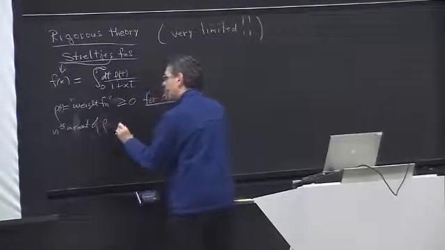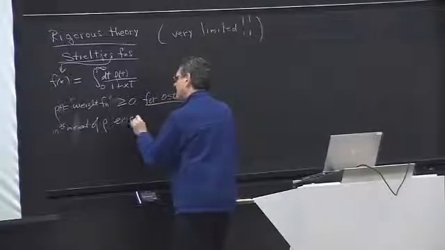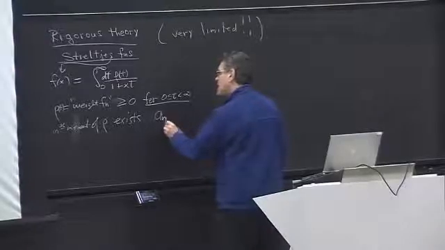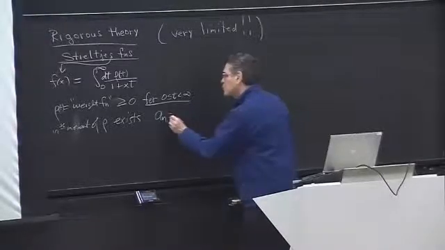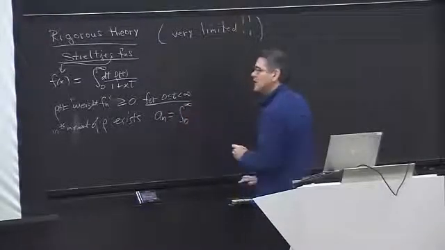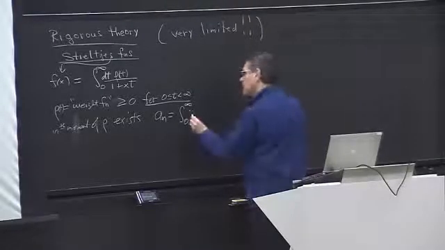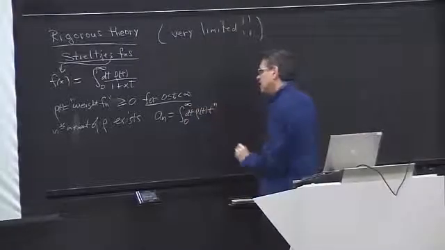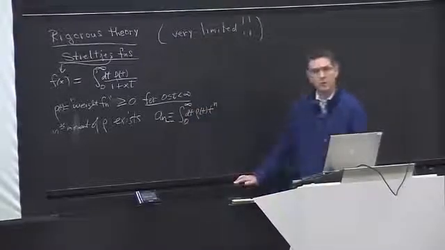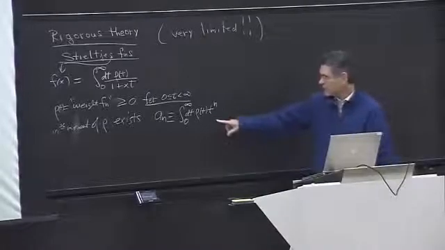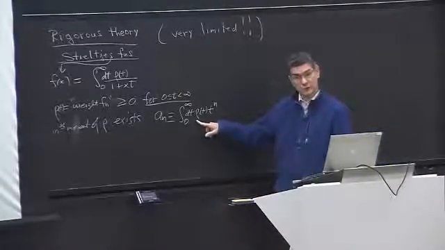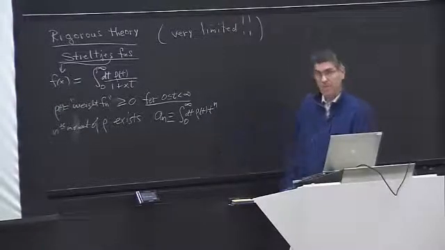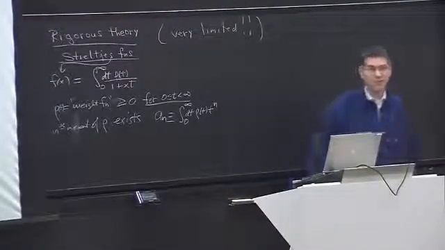The nth moment of rho is going to be called a sub n, and the nth moment of rho is the integral from 0 to infinity dt rho of t times t to the n. That's the definition of the nth moment. So this must not be a divergent integral. That's a Stieltjes function.